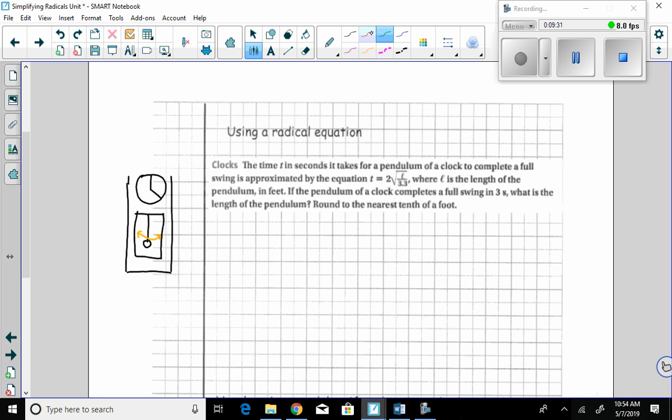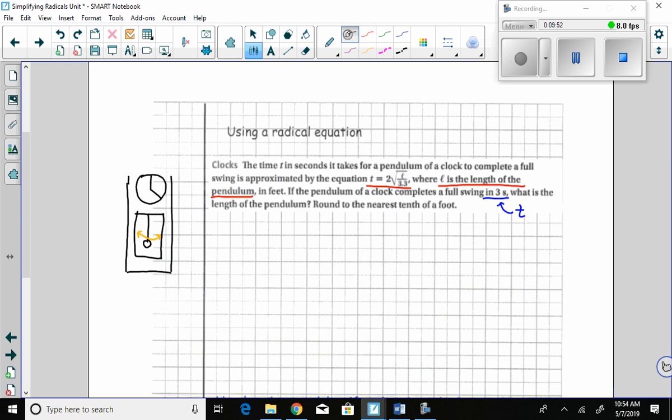So let's go back through here. We've got our equation. L is the length of the pendulum. And it says that it takes 3 seconds. So that's our t, and we want to find the length. We don't know the length in this problem.